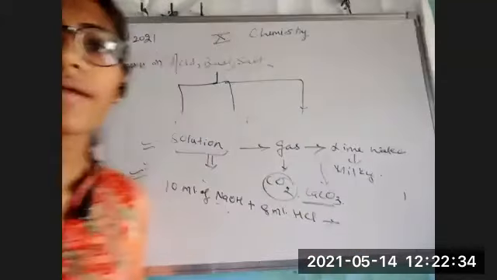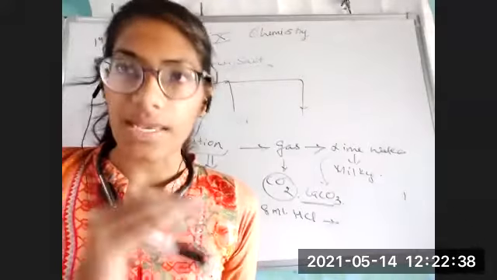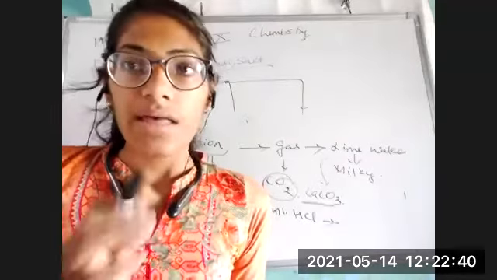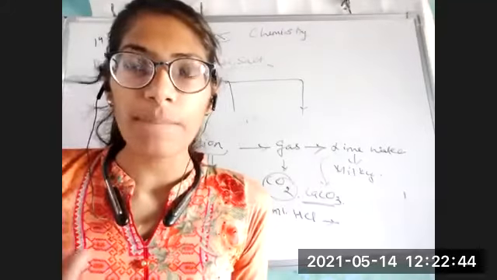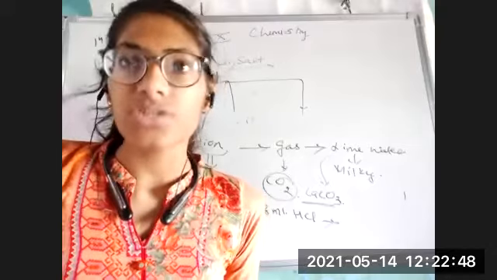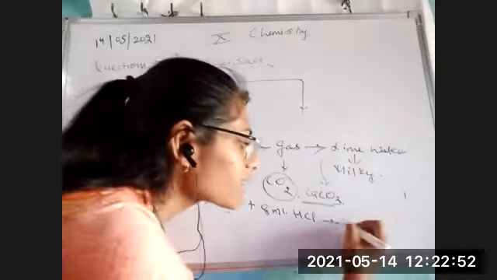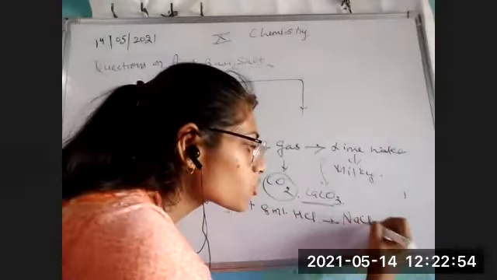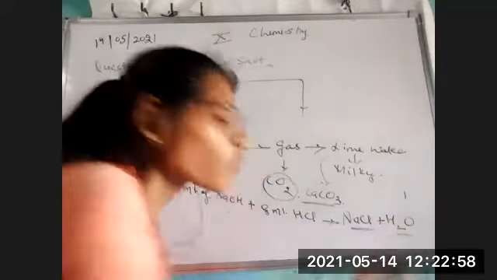Very important and very simple question, bache. We have taken a reaction of NaOH plus HCl. You know that very well, when a strong acid and a strong base react with each other, this is known as a neutralization reaction. So whenever NaOH and HCl react, they are converted into NaCl plus water, that is salt and water.